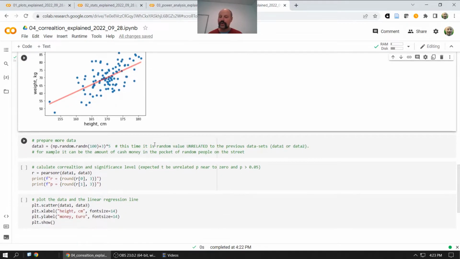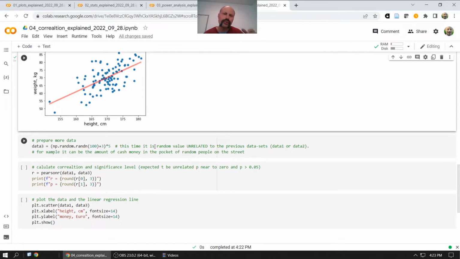Now we try to imitate the situation when there is no correlation between two parameters. We imagine something like the amount of cash in the pocket.